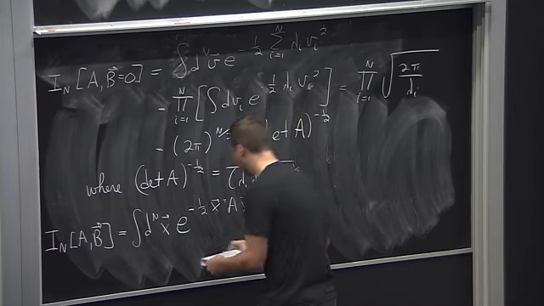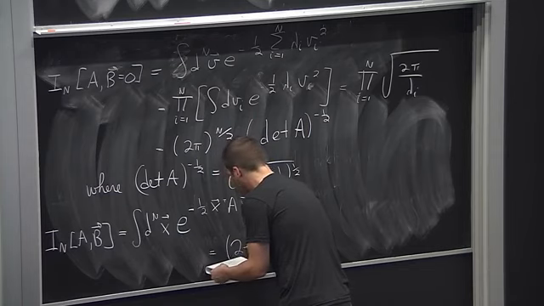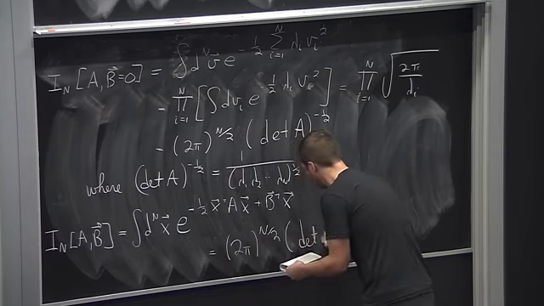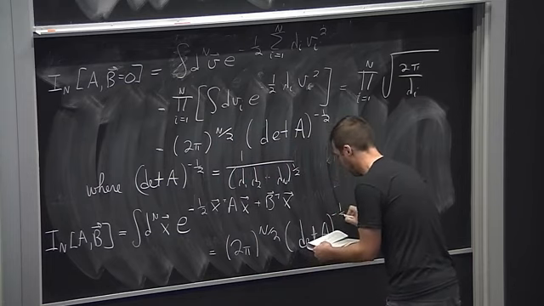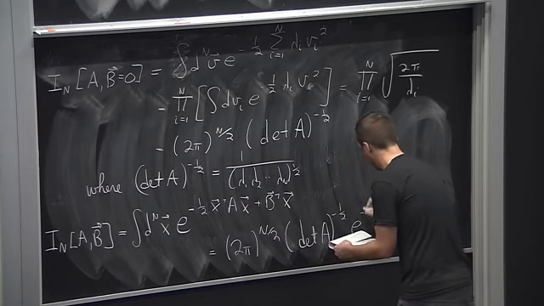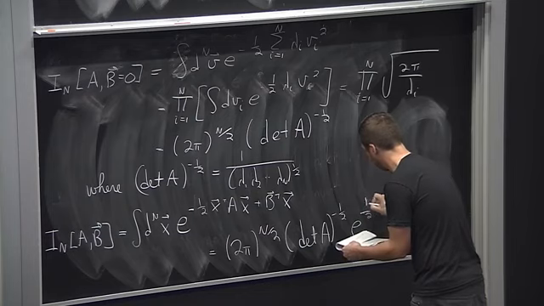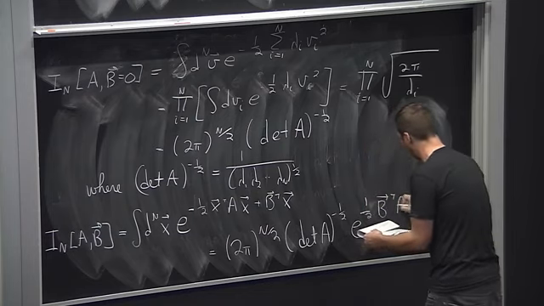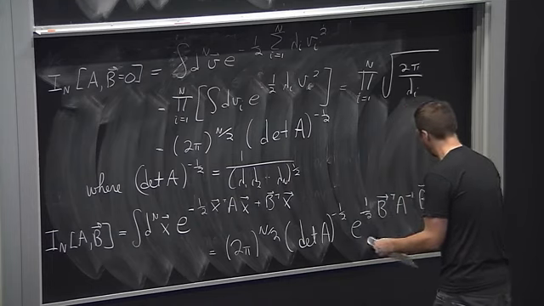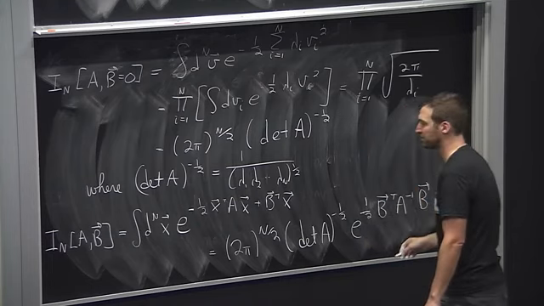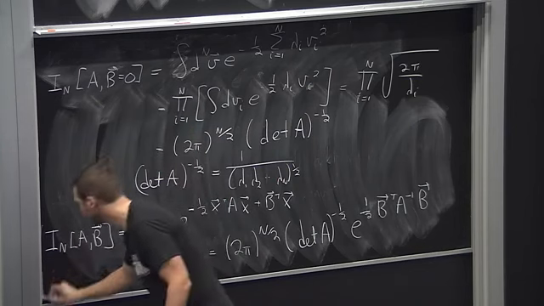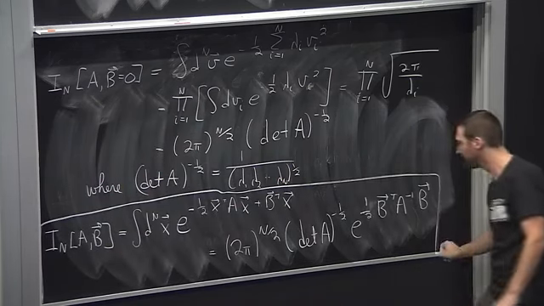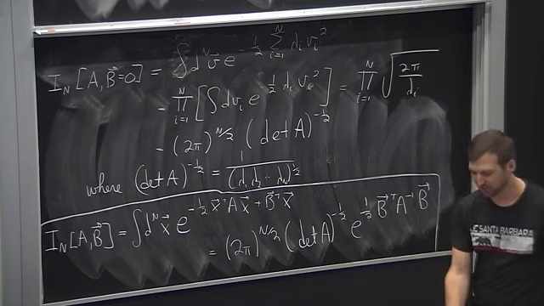That's what I started with, what I'm ending with. One half B, right, the piece I pulled out front. Okay, so that's the Hubbard-Stratonovich transformation.